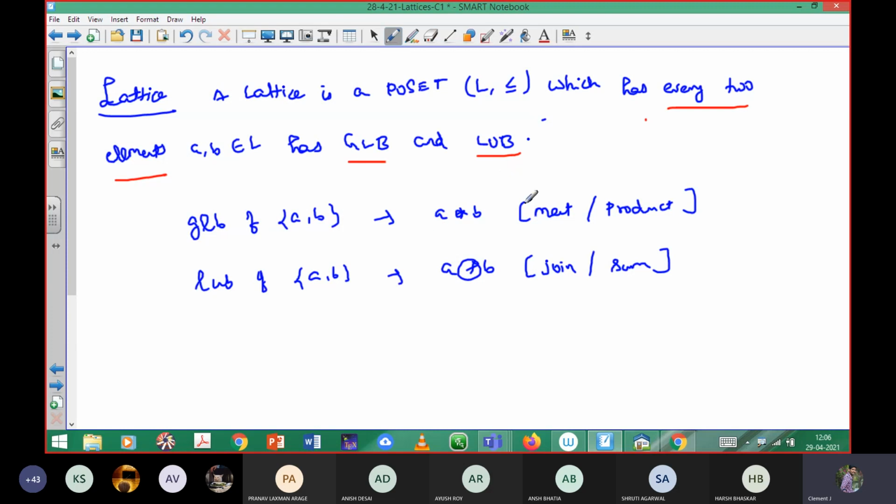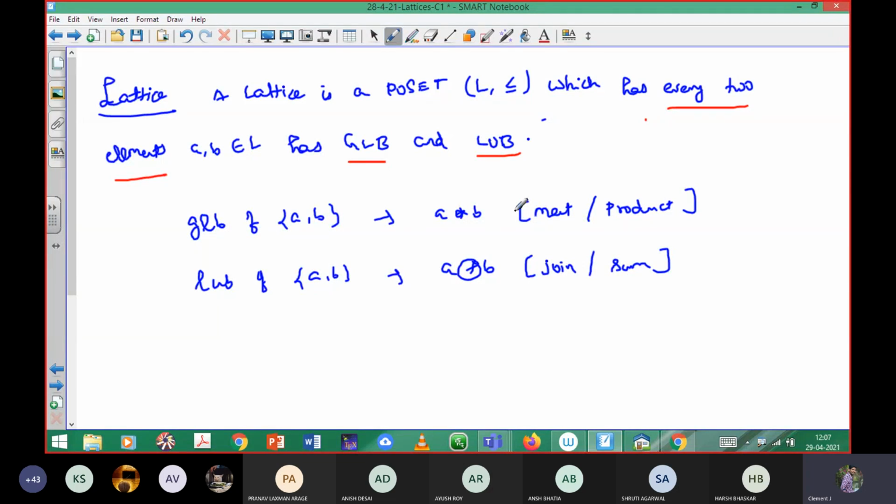If suppose one pair does not have the GLB or LUB, that is, if it has the empty set as the answer in GLB or LUB, then you should not call that poset a lattice. A lattice is a poset that has to satisfy one extra condition: if you take all the pairs of the set, the GLB and then LUB should exist. If it does not exist, then we should not call the given poset a lattice.